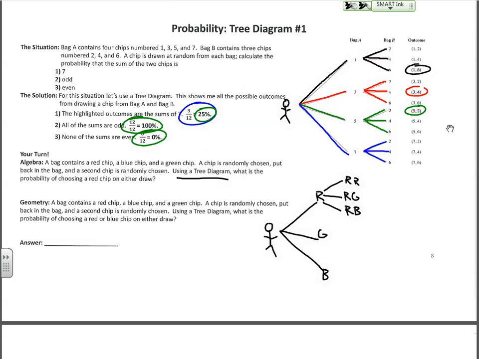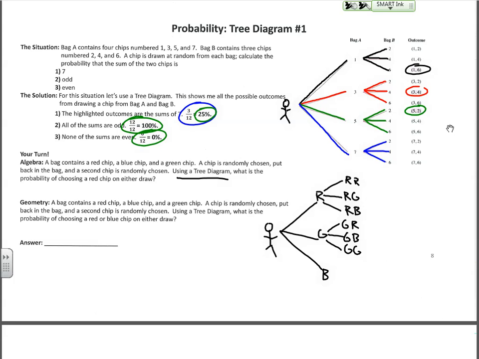If we pick a green chip the first time and put it back, the second time we could pick a red chip, which is the outcome of green and red. We could pick a blue chip, which is the outcome of green and blue. Or we could pick a green chip, which is the outcome of green and green. Right? So this probability tree outlines all the different outcomes of what could happen here.